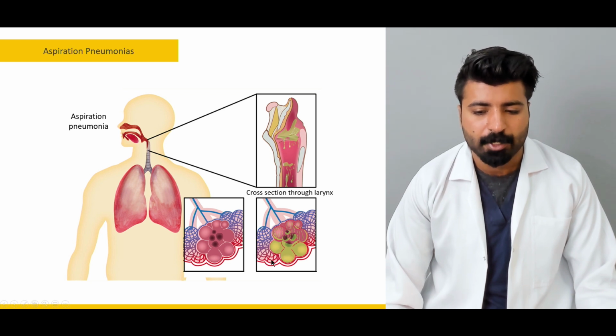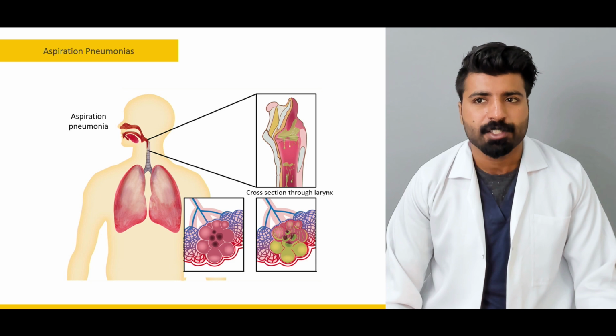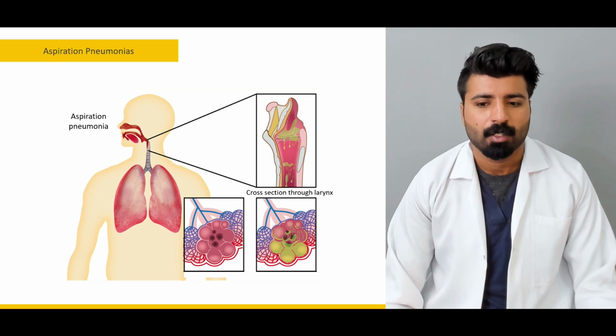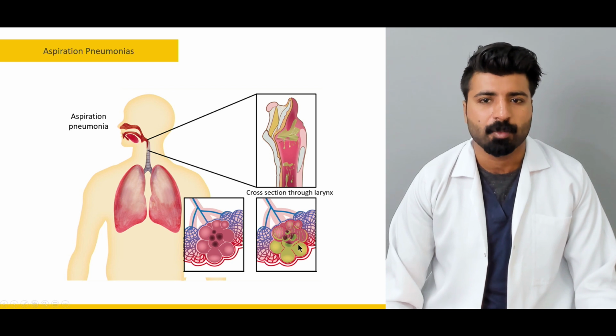They cannot participate in gas exchange, not anymore. If they're not participating in gas exchange, it will be very difficult for a person to breathe. That person will get dyspnea, shortness of breath, and all of this is because all of these secretions which came out got inside and caused infection.